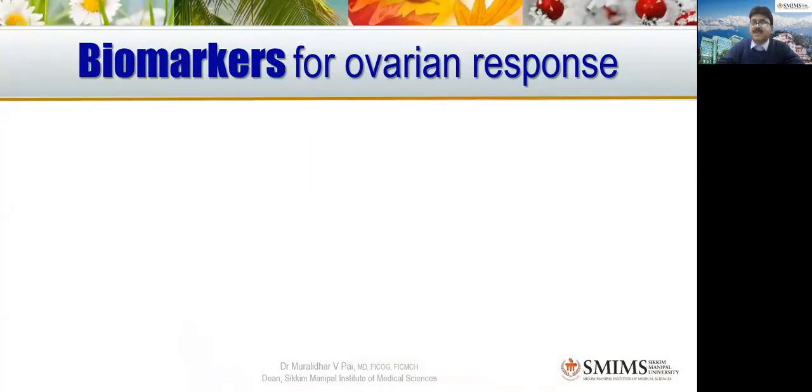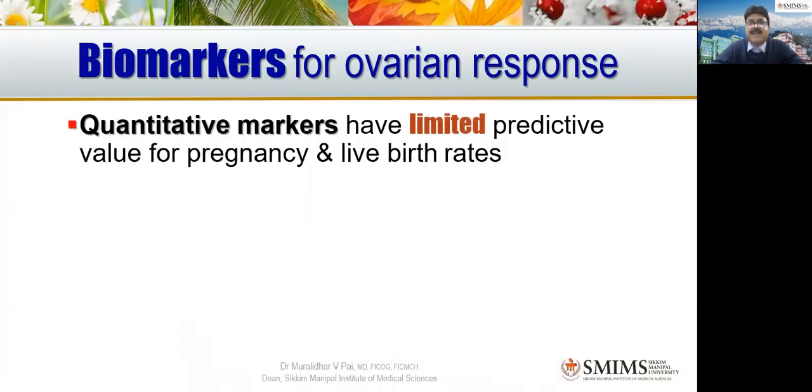Now, if you ask me the biomarkers, yesterday I told you A for apple, actually not apple, A for AMH, A for antral follicle count. But we must understand that quantitative markers have limited predictive value for pregnancy and live birth rates.